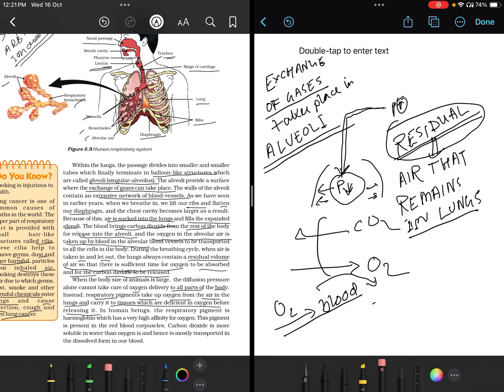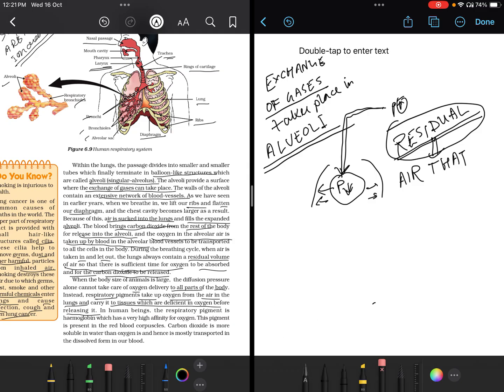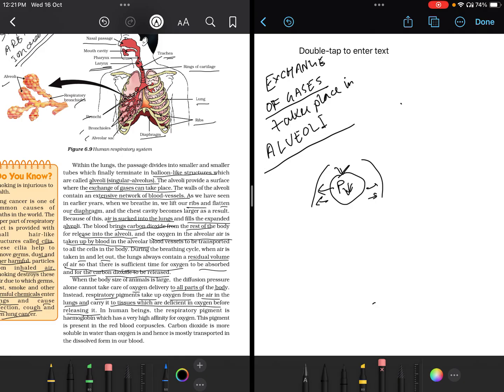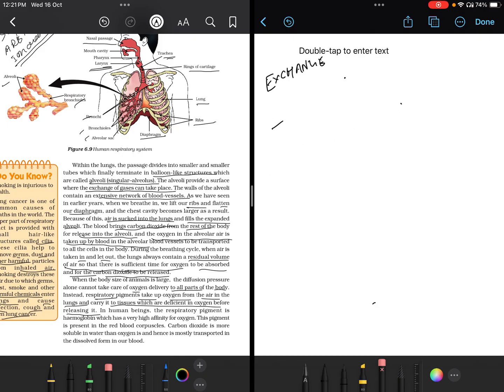I hope it is clear how hemoglobin helps. So these pigments are necessary to go to different places in our body, because in big animals the body size is more, so air will not go to all the parts, so a respiratory pigment is definitely necessary.